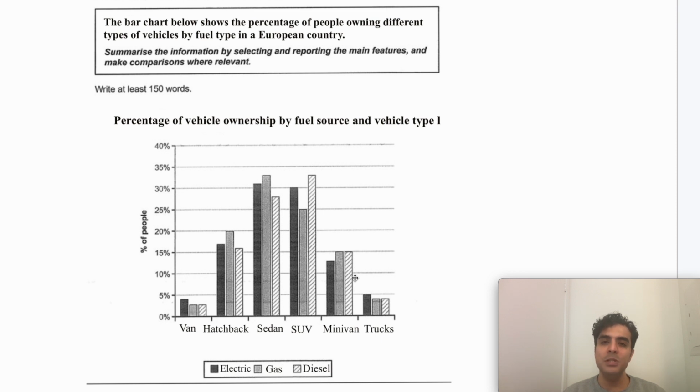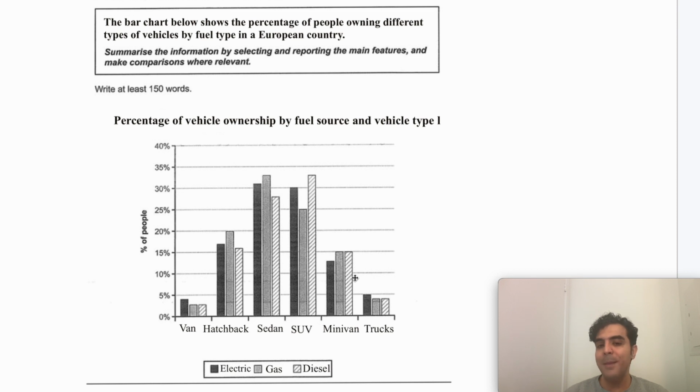The highest percentage of people in this European country owned sedans, regardless of fuel category, except for diesel cars, which were more common among SUV owners. So you see, the rule is established and the exception is presented next to it.